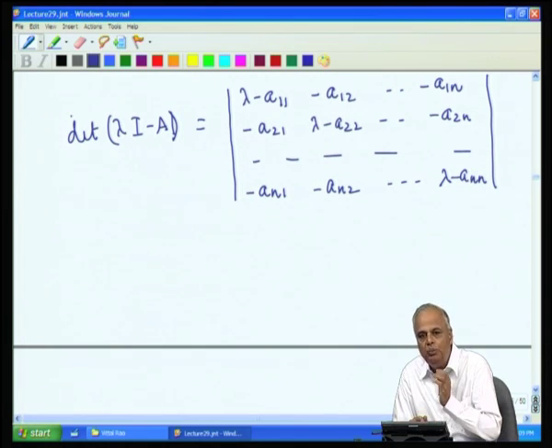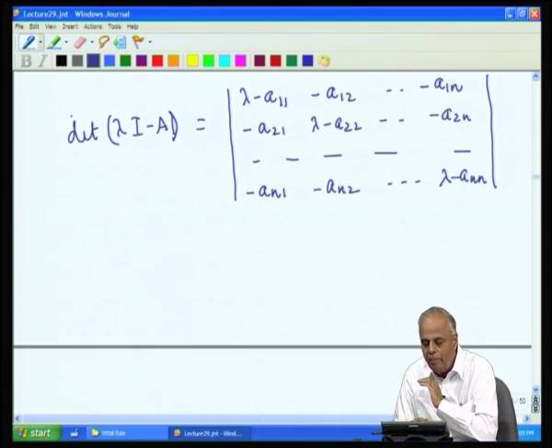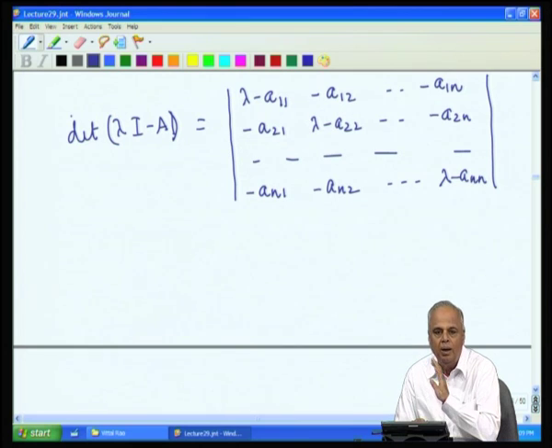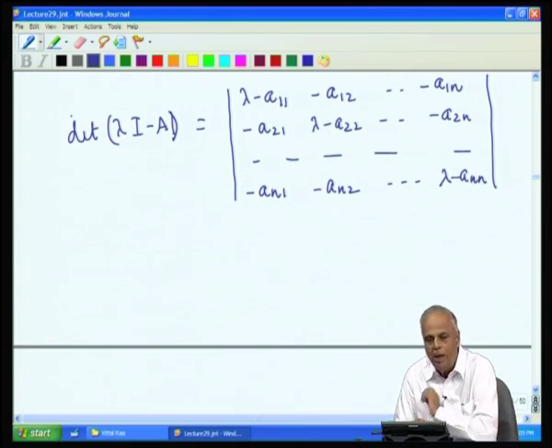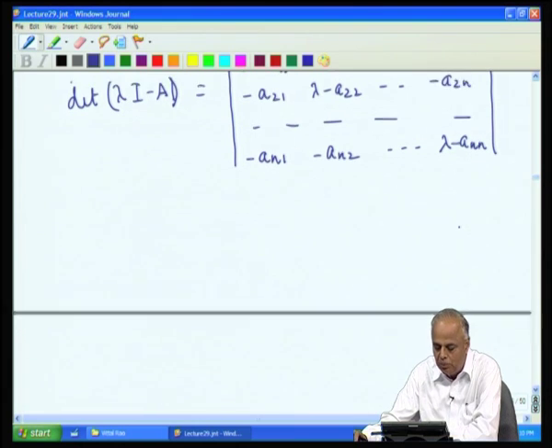Since every entry is either a linear polynomial in lambda or a constant, and the determinant involves the product of the entries, the determinant is going to be a polynomial. And we have seen that the highest degree term is lambda to the power of n.